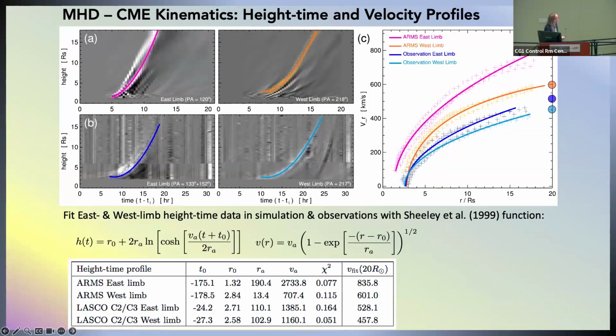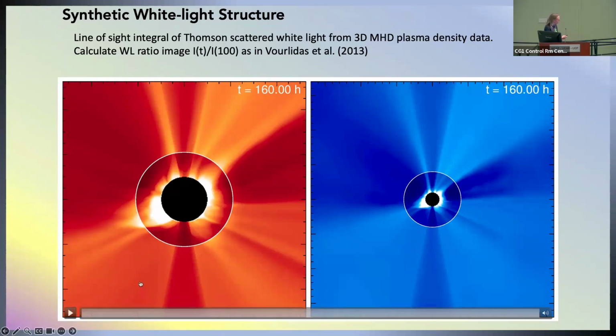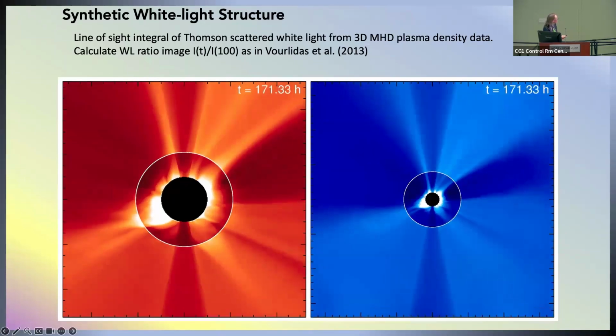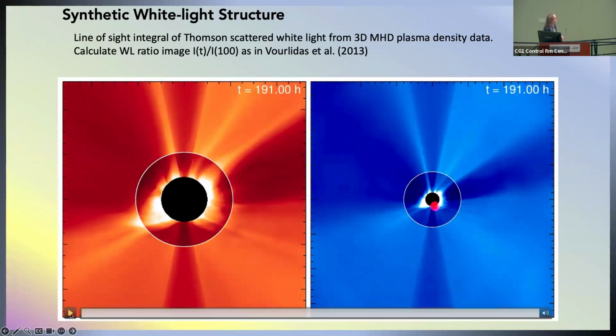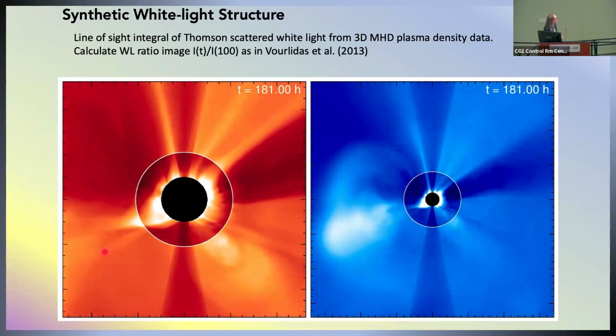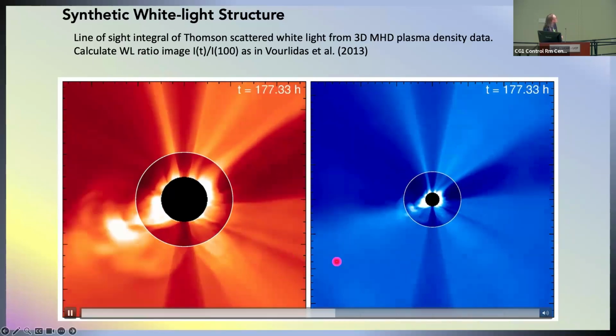Okay, and I can do things like, I guess we could play this movie. So these are fake coronagraph images of that same eruption that I showed earlier. You can play it a couple times. You can see it erupts from the left first, and then progresses over and erupts from the right later.